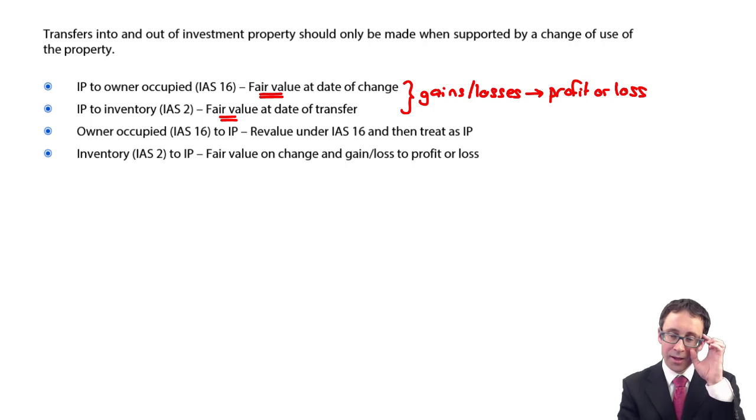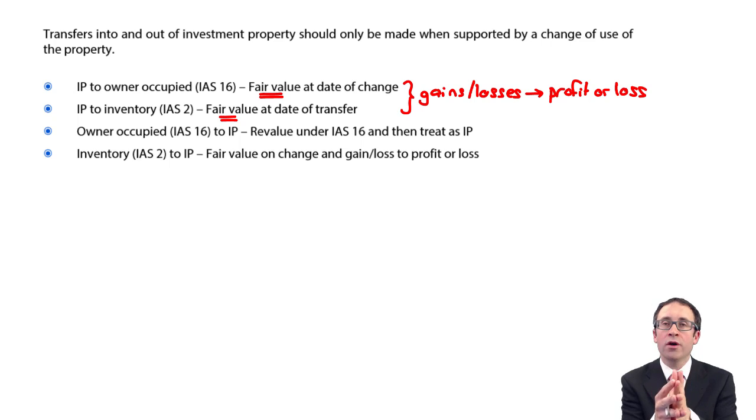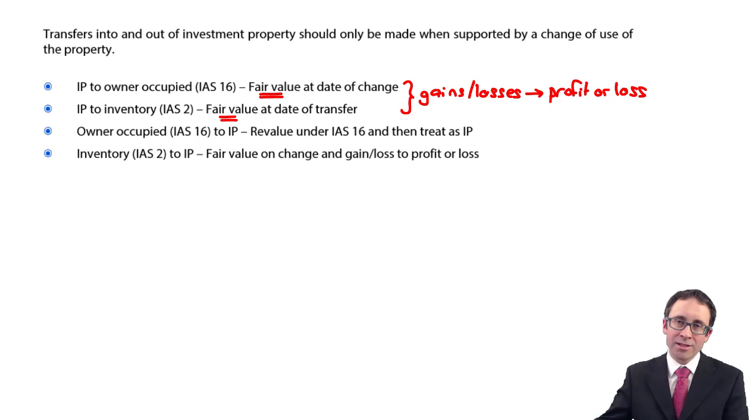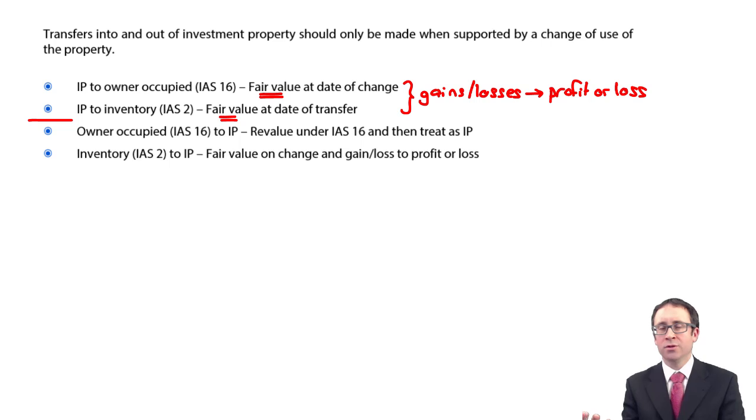Okay, there we go. And then once it's in there, that fair value now is the cost, if you like, for the owner occupied, and we will depreciate it. And then for the inventory, that fair value is now the cost, and you would then compare that to the net realizable value to see what is the lower going forward. So that's going from IP to something different.